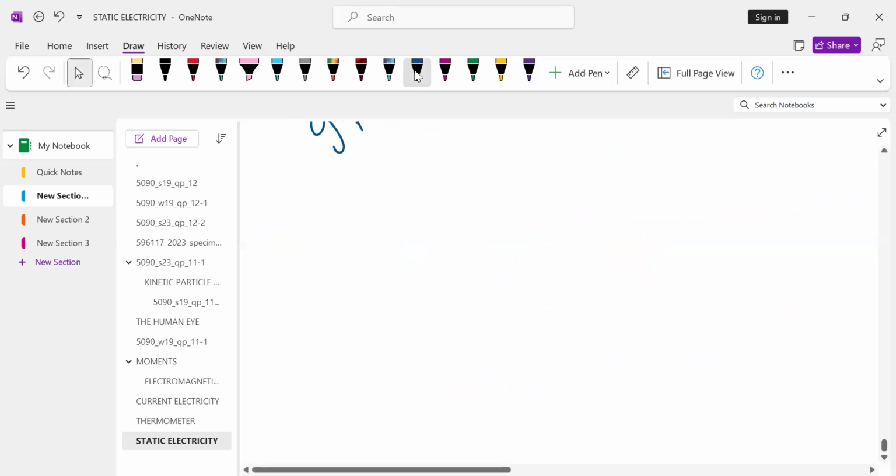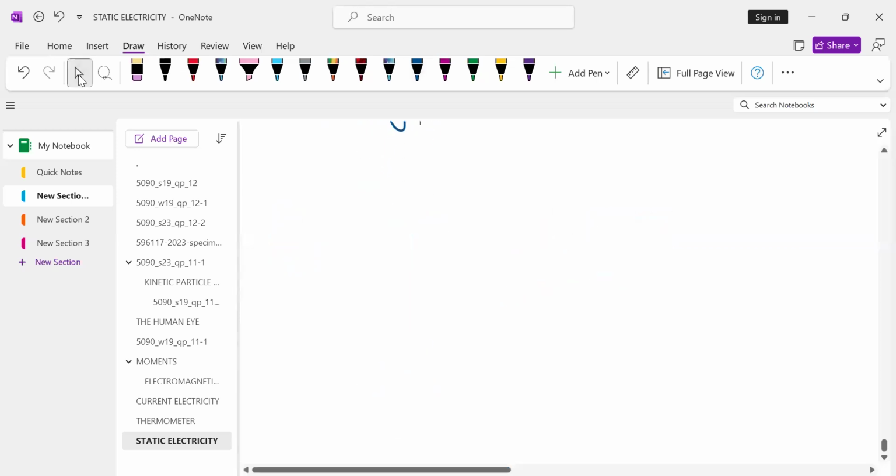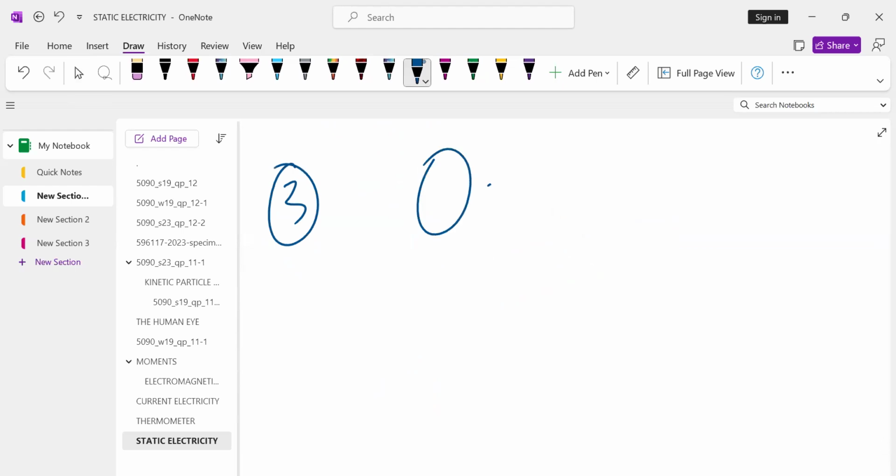Then the second condition, this is uncharged, but it is moving this time. It isn't at rest. This is moving. So this will also have only gravitational field due to mass. Then condition 3, in this you have a charged body this time.